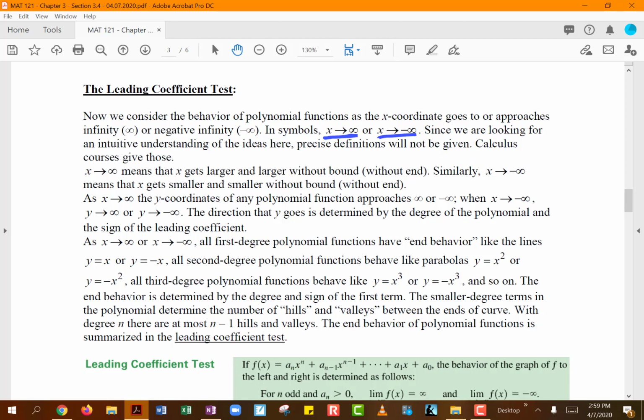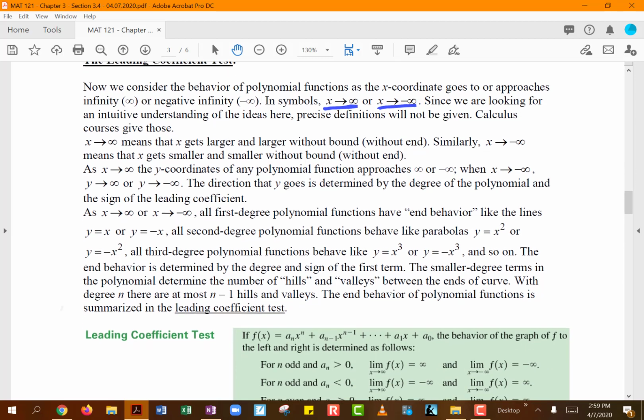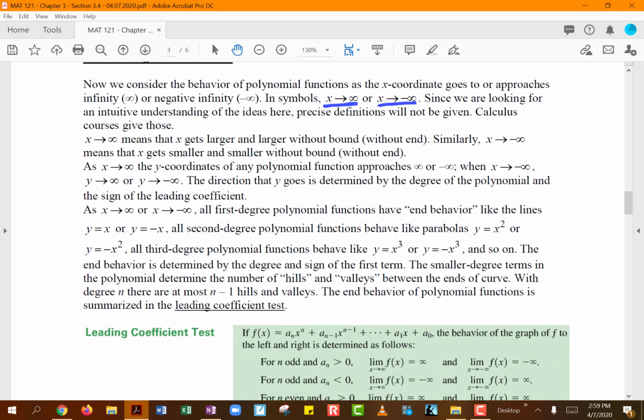Since we are looking for an intuitive understanding, we're not talking about precise definitions here. Those are something you discuss at a calculus course level. We are going to use a little bit of terminology here, but not getting too much into details.